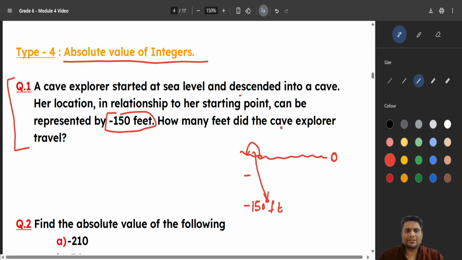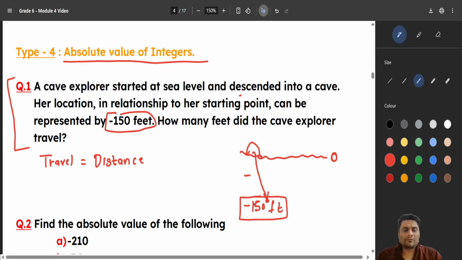How many feet did the cave traveler travel? Now they're asking about how many feet she traveled. Whenever we are talking about traveling, it means we are talking about distance. Distance is never negative. So I cannot say that she traveled minus 150 feet. So what will I do?